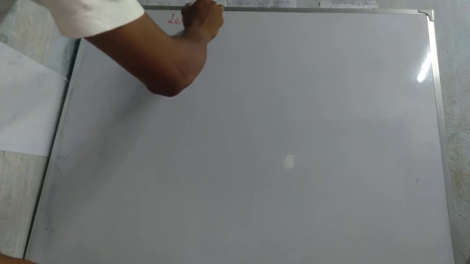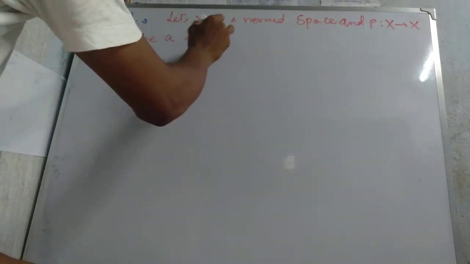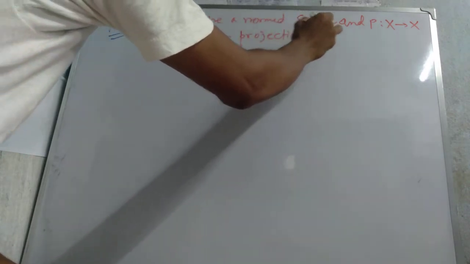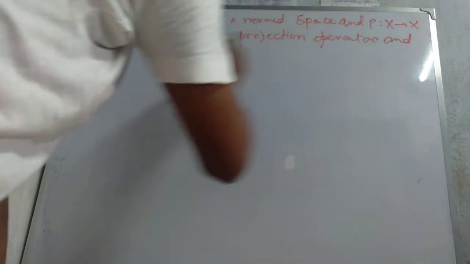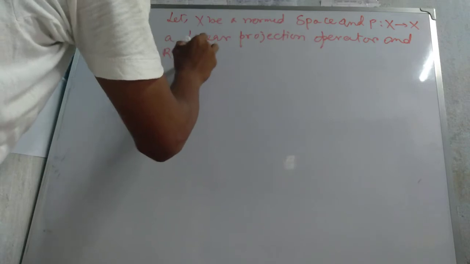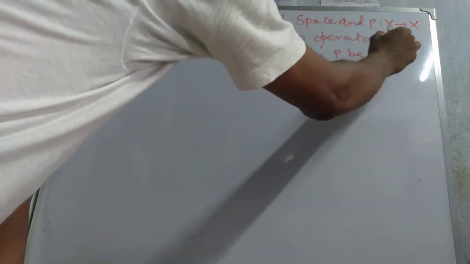The statement is: let X be a normed space, and P: X → X be a linear projection operator, and if N(P) and R(P) are closed, then P is closed.